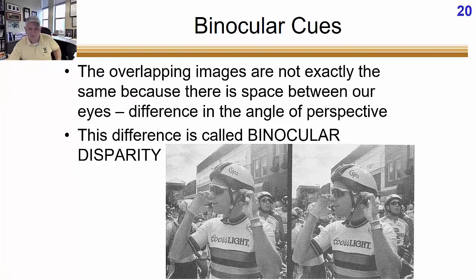And you'll notice that you see slightly different things. Our right eye can see more of this spike rider than our left eye can. Our left eye is seeing more of the building here, where in the right eye it's occluded, right? And so this binocular disparity helps with depth perception and also generates that three-dimensional image.